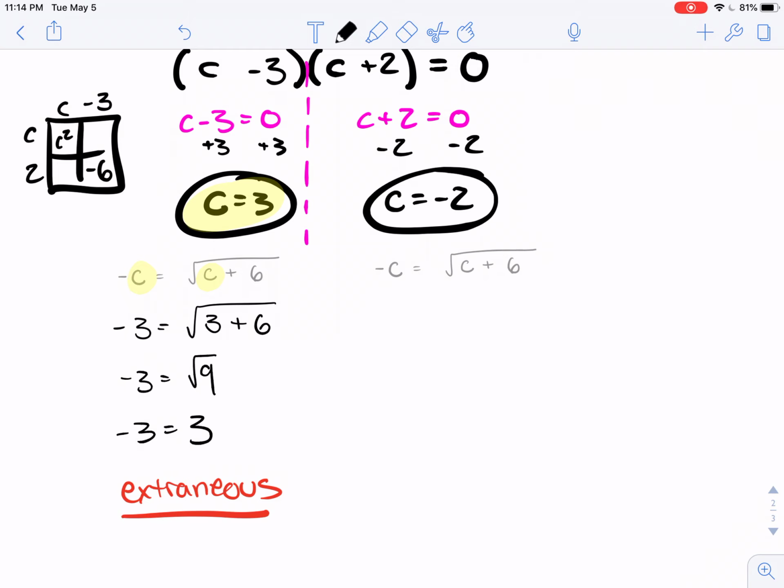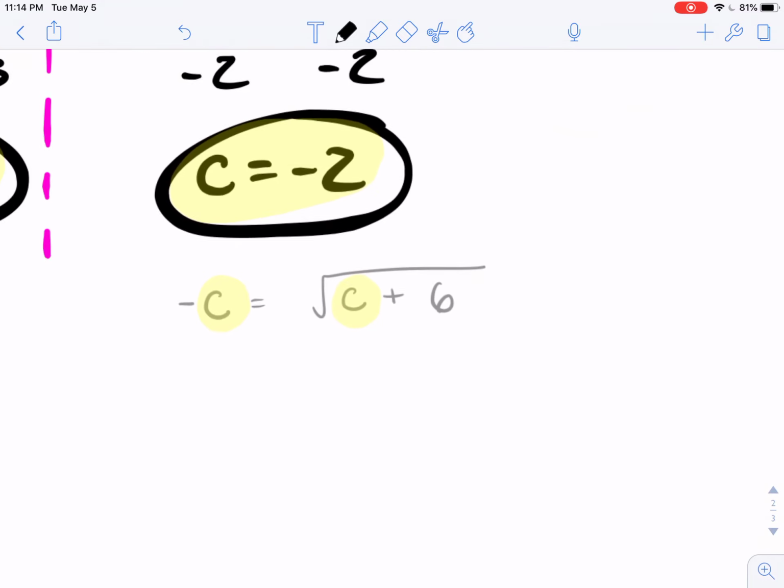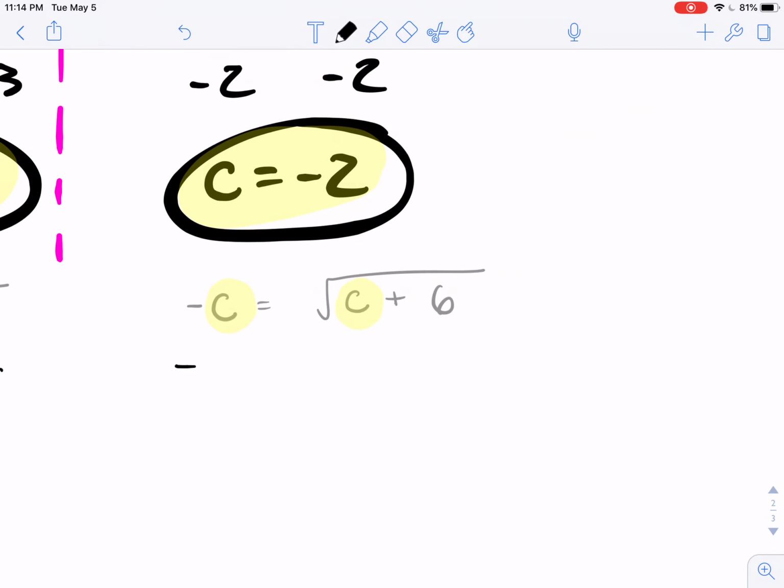Let's test our other side. Again, we thought that c equals negative 2, so we're going to plug a negative 2 in for that c. That gives us a negative 2. Shoot, let's just say that's positive. Okay. Positive 2 equals the square root of negative 2 plus 6.